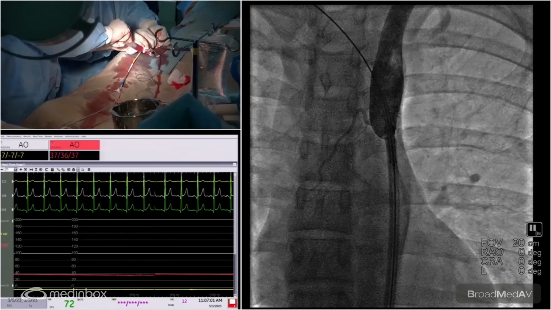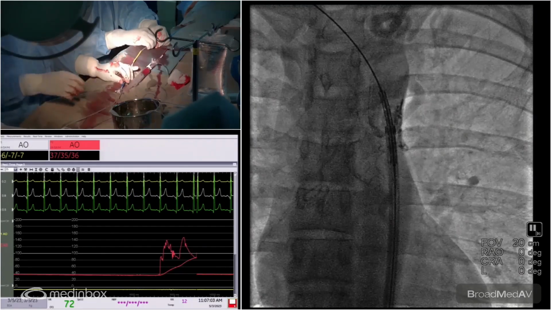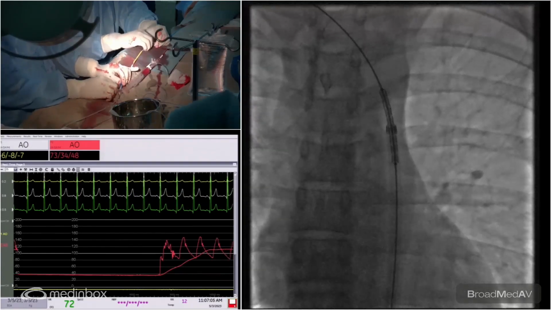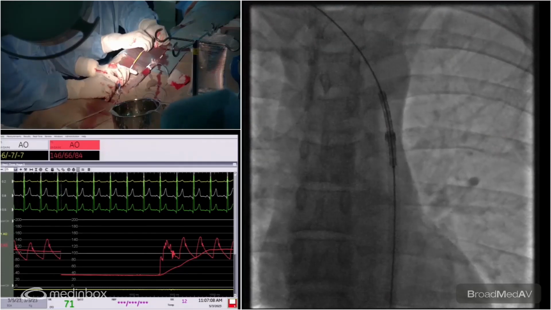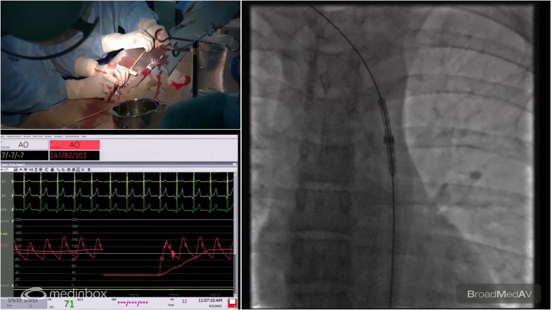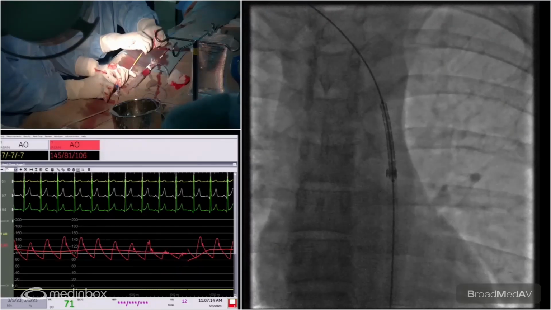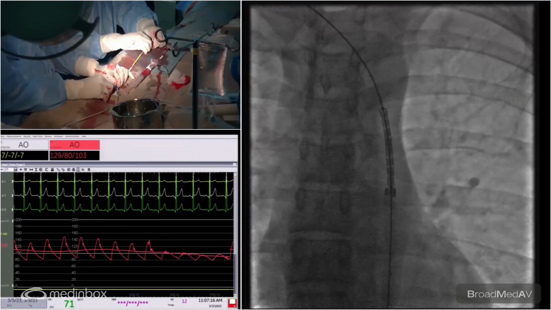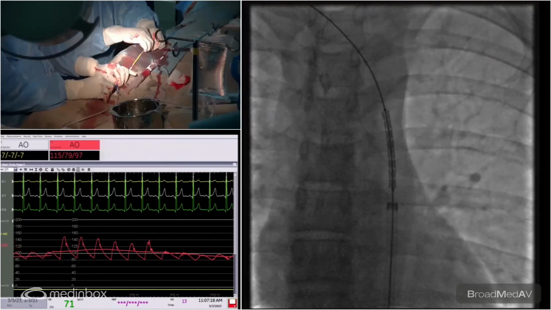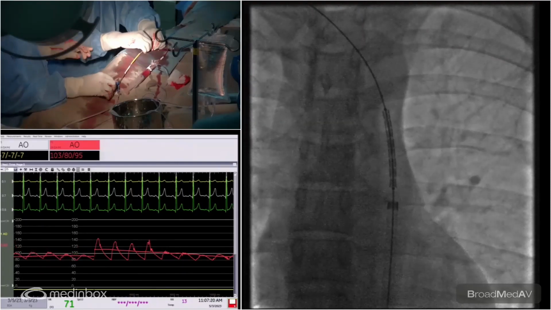Maybe what you can do is expose the stent. Yeah, keep exposing. Okay. Now we have come to the lower pressure. We are now getting the lower pressure.